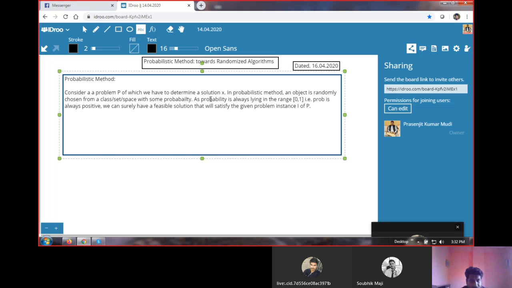So that means we are surely having some answer, a feasible solution that will satisfy the given problem instance.